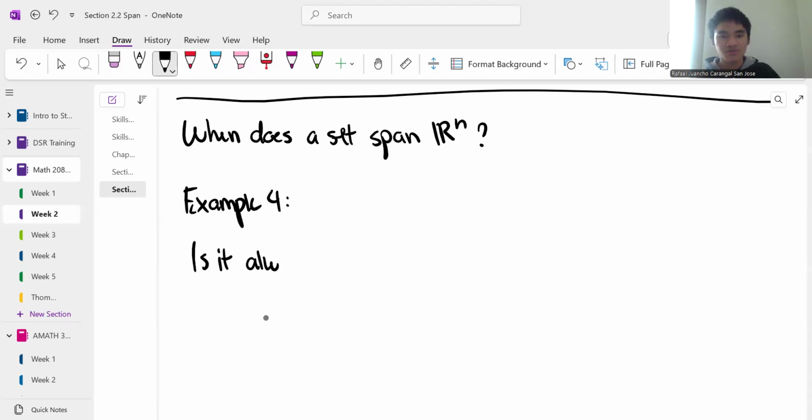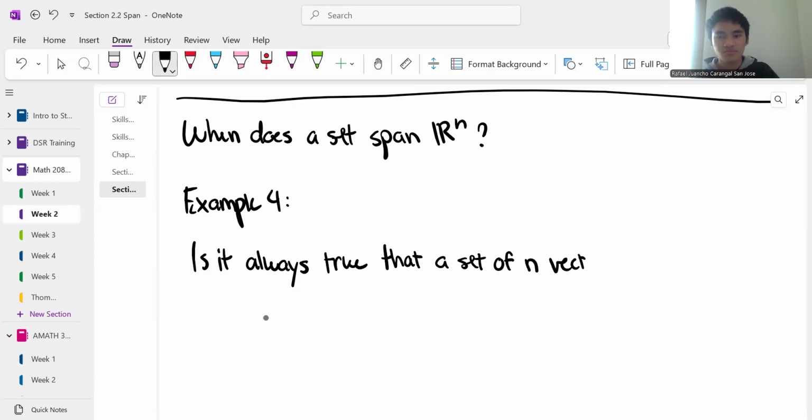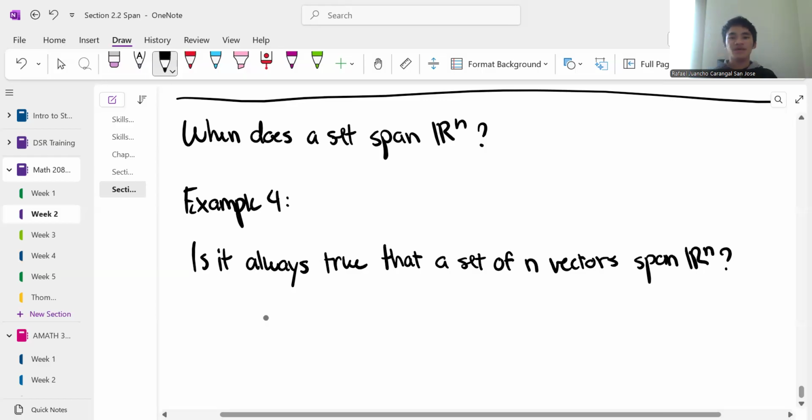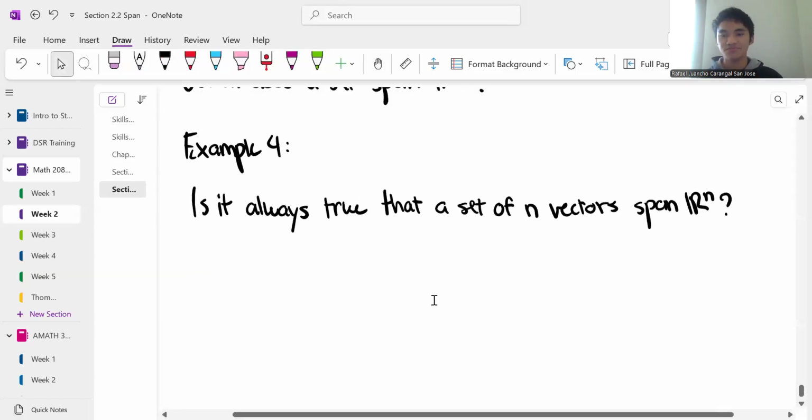Is it always true that a set of n vectors span Rn? Is it a fact that there's a correlation between the number of vectors and its span to the number of dimensions, right?